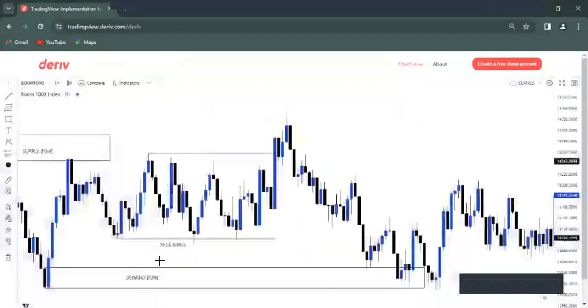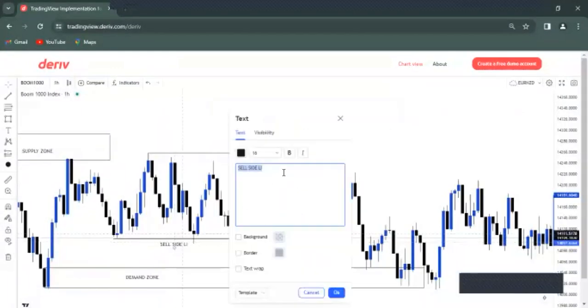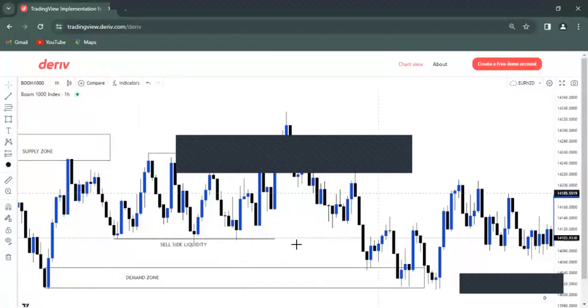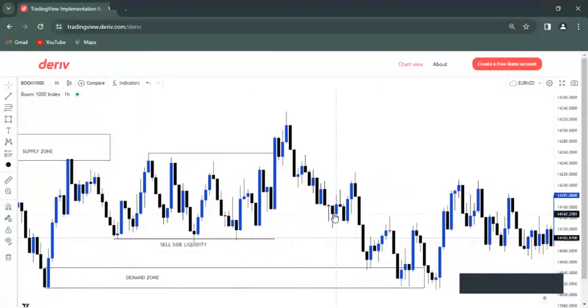We have the sell side liquidity here, right? So the demand zones are there to make sure that after the liquidity is swept, it provides us with some form of entry. Again, the liquidity is swept.